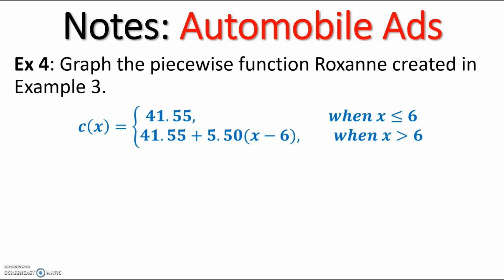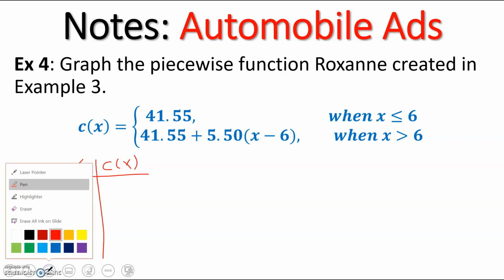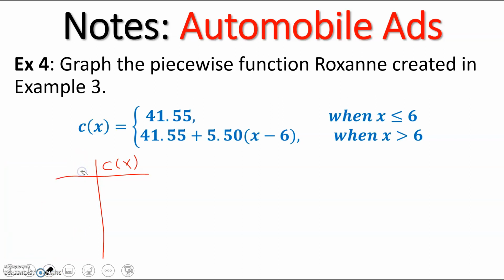All right, so first thing we need to recognize is to create a table of values that will be easy to graph. So if we follow kind of the same idea as what we did before, where we have x and C of x, right? We have here our number of lines as x and the C of x representing the cost, right? We can see here that the first 6 lines are all going to be that 41.55, right?